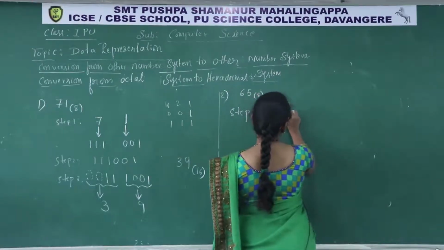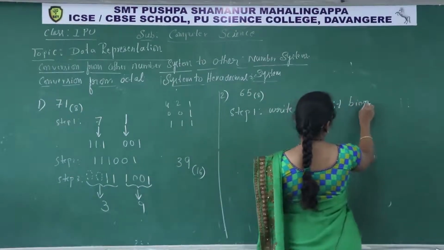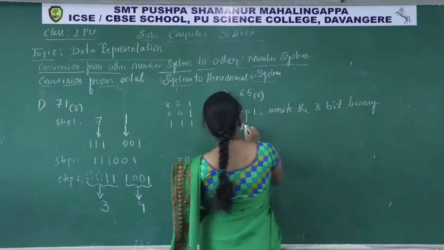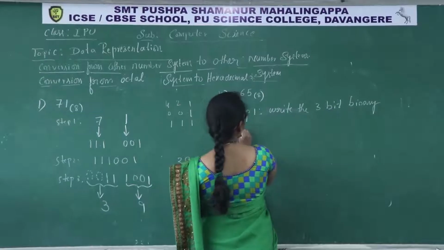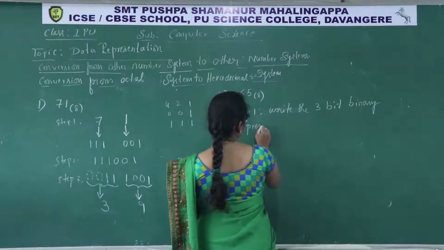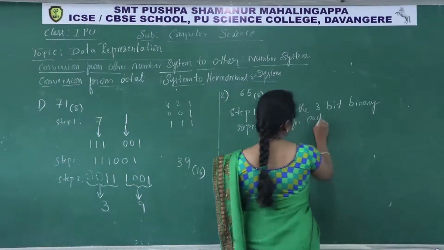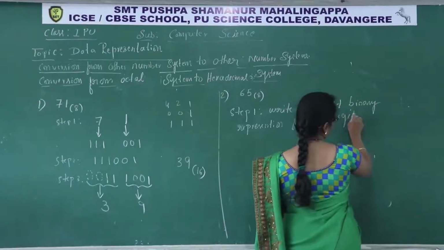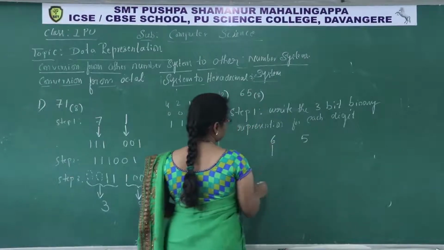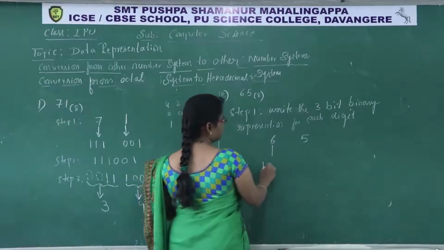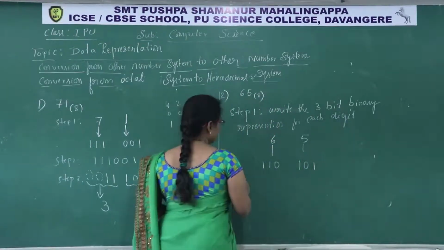Write the 3-bit binary representation for each digit, that is 65. 6, how to write? 4, 2. 4 plus 2, 6, so 1 1 0. 5 is 4 plus 1, isn't it? 4, 2, 1.